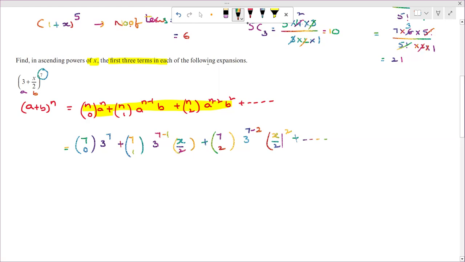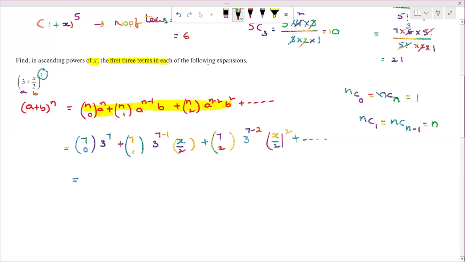One thing you need to remember: nC0 equals nCn, which is 1. And nC1 equals nC(n minus 1), which equals n.